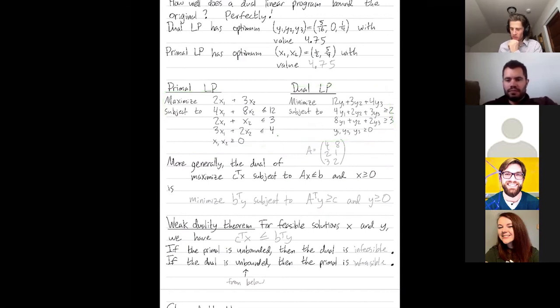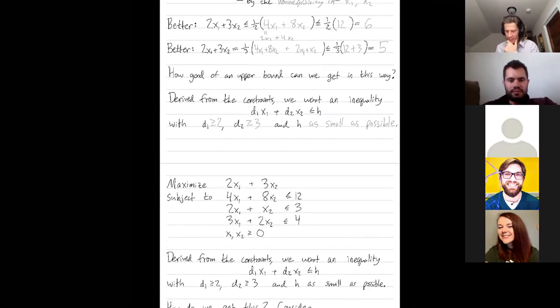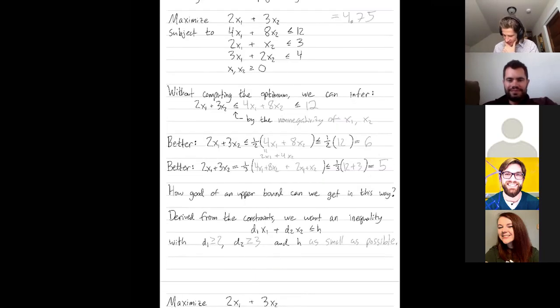Step through your logic that leads to this dual program. I think that's a great qualifying exam level question. I guess I'm signaling a little bit intentionally, but I like it.